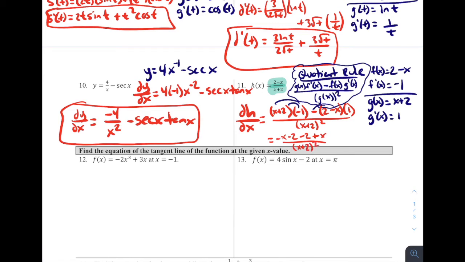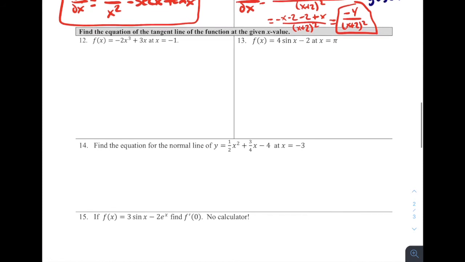Looks like those x's in the numerator cancel. I got a negative x and an x. So all I'm left with is a negative 4 in that numerator, divided by x plus 2 quantity squared. That is going to be our derivative of h, aka h prime, or dh dx.